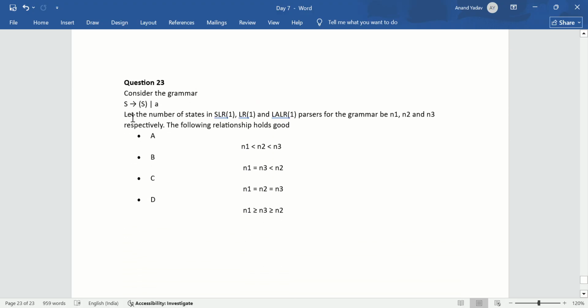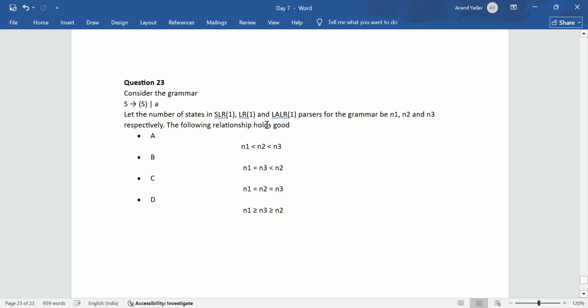Now next one is question 23. Consider the following productions. Let the number of states in the SLR, LR(1), LALR parser for the grammar be N1, N2 and N3 respectively. The following relation holds good.